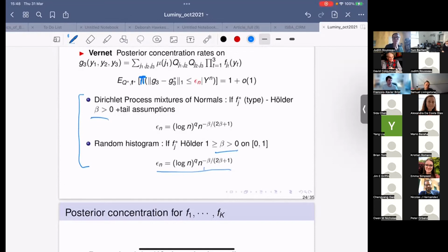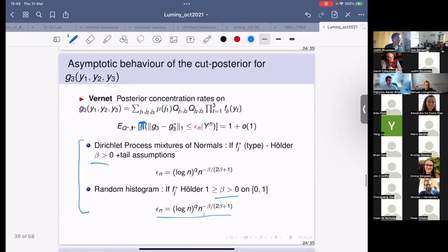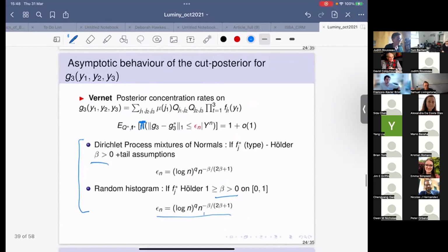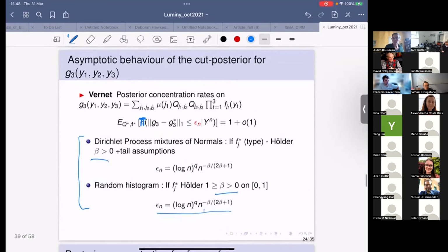If I use a Dirichlet process mixture of normals and I put an inverse gamma prior on sigma, the scale for the location mixtures, then I have an adaptive posterior contraction rate because the rate is the best I could obtain for Hölder beta, and that's exactly what I get.